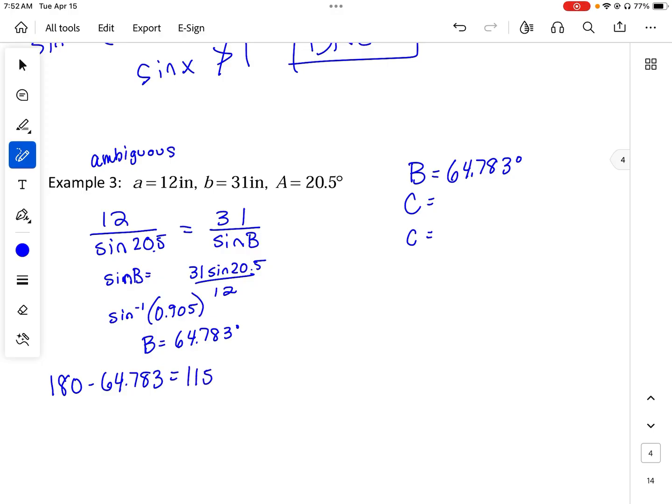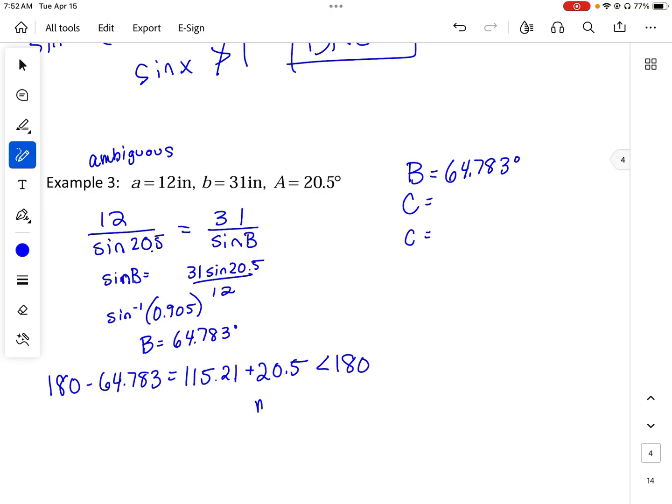We do the 180 minus our new angle, and then add it to our given angle. Oh, that's small, right? That's going to be less than 180. So that means that there is more than one triangle.